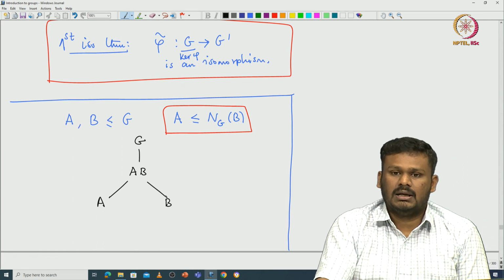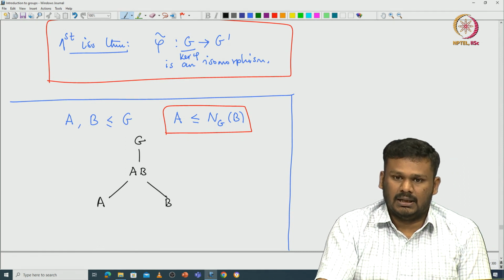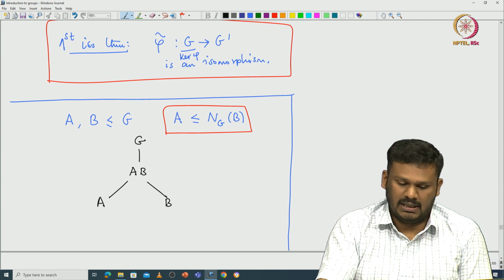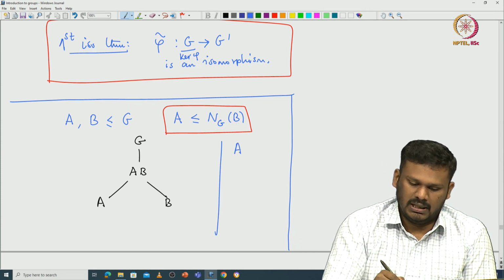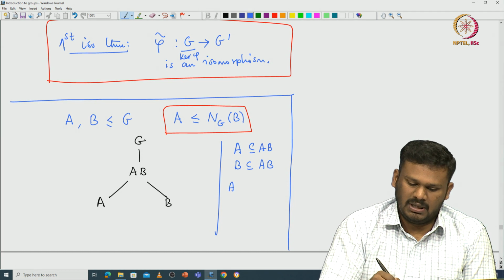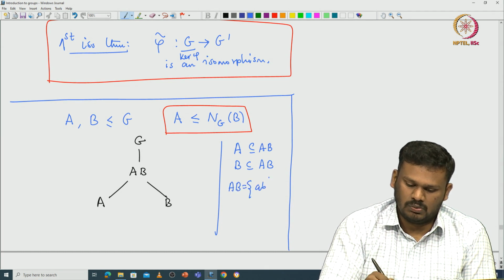A is contained in AB, and B is contained in AB. Recall AB is nothing but all those products ab, where a is coming from capital A and b is coming from capital B.